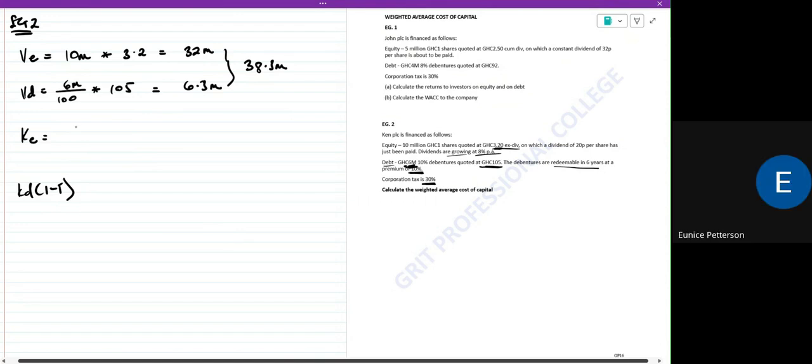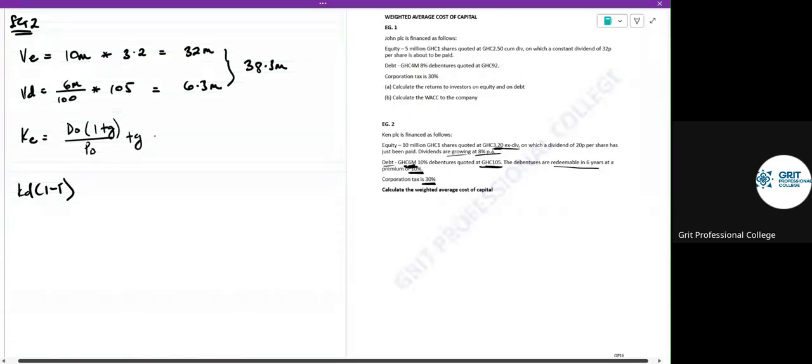D not, open brackets, 1 plus growth, all over D not, D plus growth here. Okay.